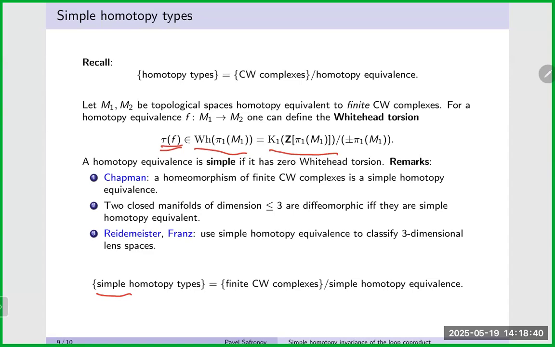So you have units in Z, which are plus minus 1, and you have units in the group algebra coming from the group itself. Okay, so that's called the Whitehead group, and in the Whitehead group, you have what's called the Whitehead torsion. A homotopy equivalence is called simple if it has trivial Whitehead torsion.